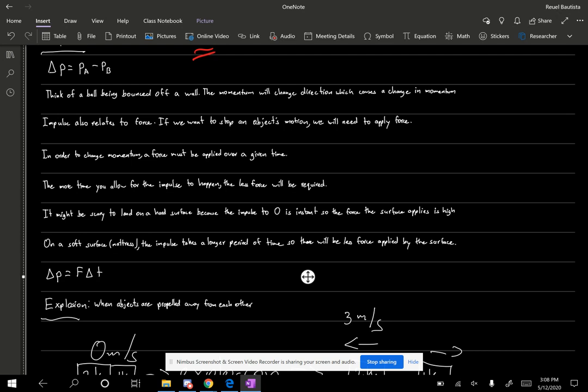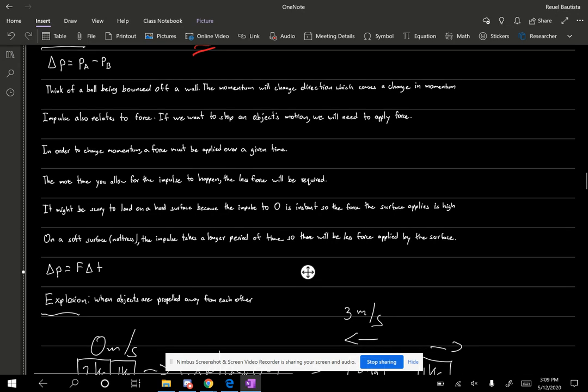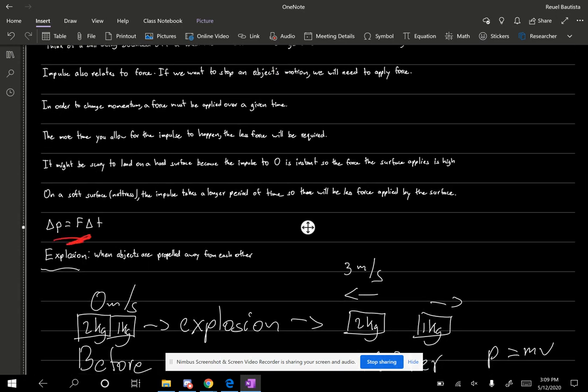So if you're going to catch an object and give it a velocity of zero, then your hand is applying a force on that ball, because it acts as the unbalanced force. So force is directly related to the change in momentum, and it's signified by this: change in P is equal to force times delta T.